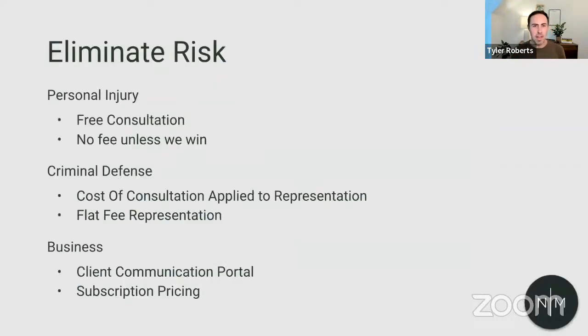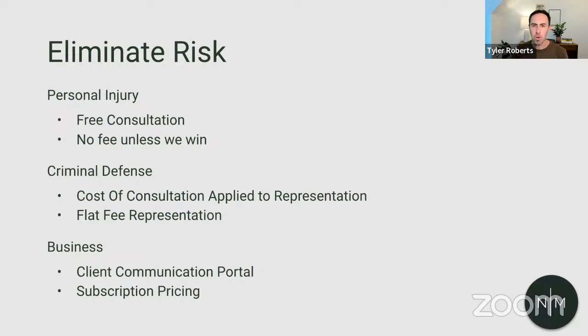Again, these ideas can be applied to pretty much any sort of marketing message, but especially with a call to action, we want to make sure that we're incorporating some things that are going to help people feel like you're able to help them, and it's really not a huge deal for them. It's going to be something that's kind of low barrier to entry. So I love this idea of eliminating risk, having a free consultation.